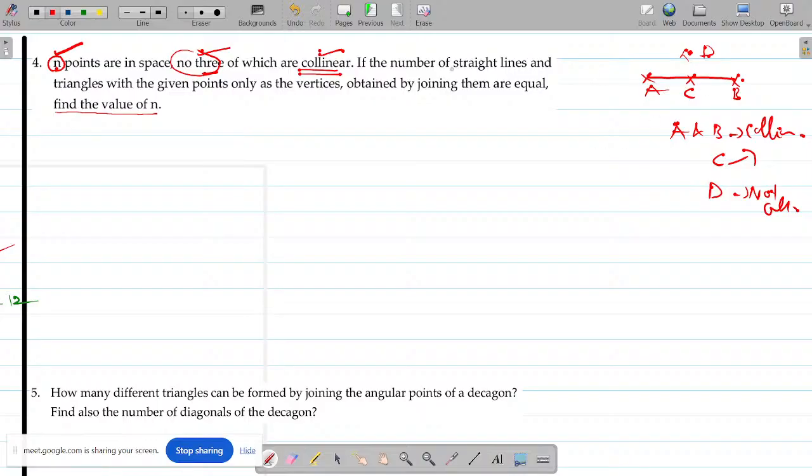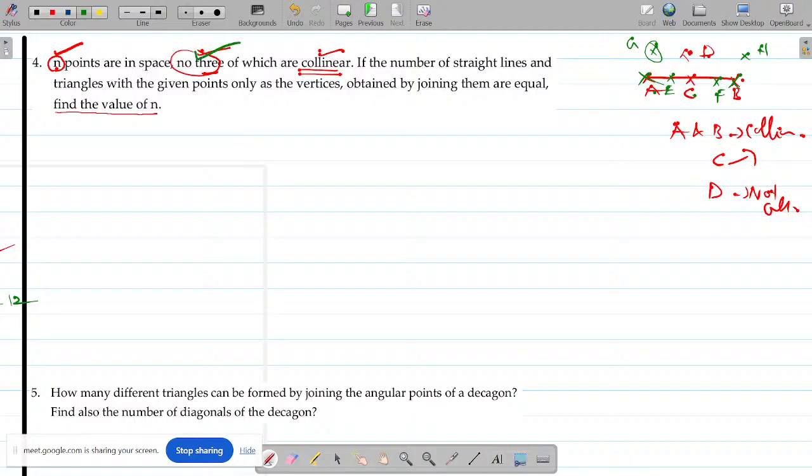For example, I take some point E, some point F, some point H, some point G. We will not take A, C, B. Instead, we'll take A, B, G. See, A, B is collinear, but G is not collinear.